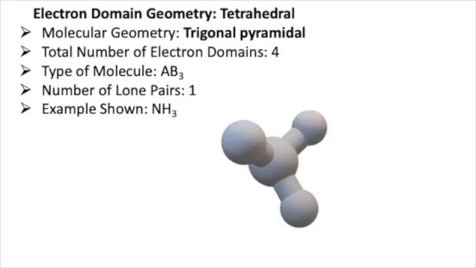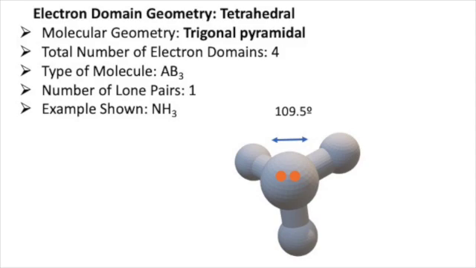And as we move on to the electron domain geometry of tetrahedral, if we had the molecular geometry of trigonal pyramidal, using the example of ammonia, we would see that there are 4 electron domains, because we have a lone pair of electrons on the central nitrogen atom.